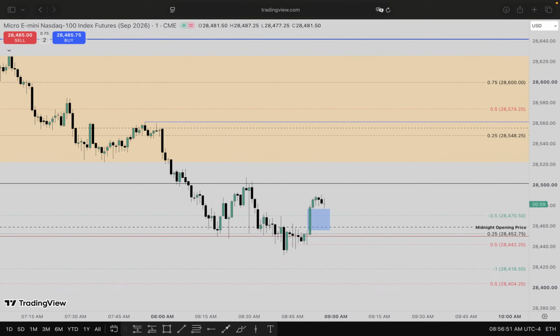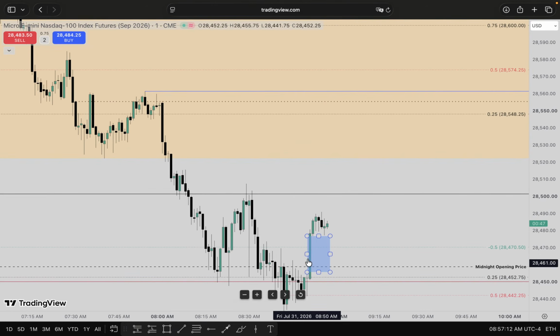Is it gonna reach it or not? I mean, if it shows a continuation off of here, then I'll just go ahead and get in up here and then put a stop below. Because then this would just be a continuation model of a 1, 2, 3 move higher.